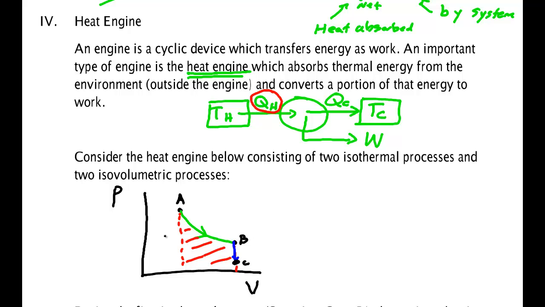I know that because these isotherms go up in temperature, they go higher in pressure. When you heat a gas, you raise its pressure, and I'm lowering its pressure. And the way I can do that, as I showed earlier, for a constant volume, is to stick some ice cubes or something on it and cool it. So I change that to a lower temperature, and now I take another isothermal process back up to a new point, point D.